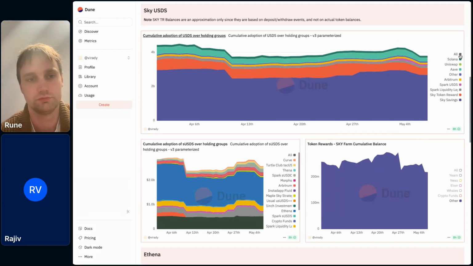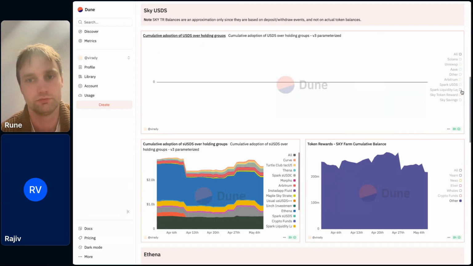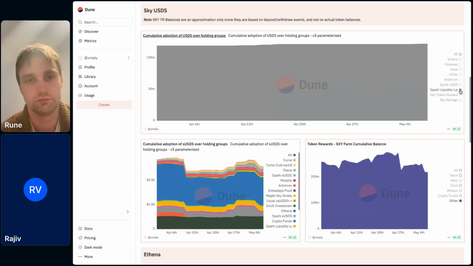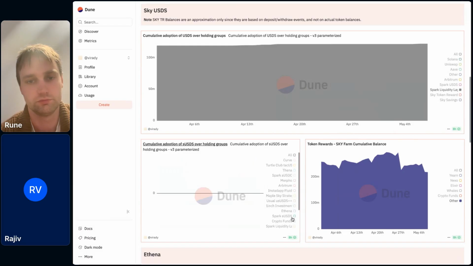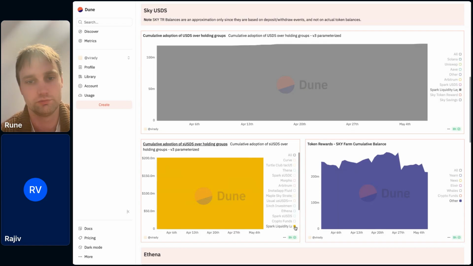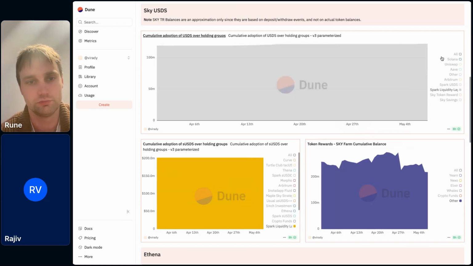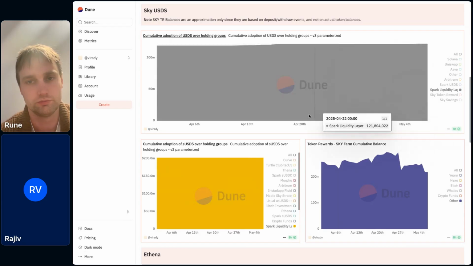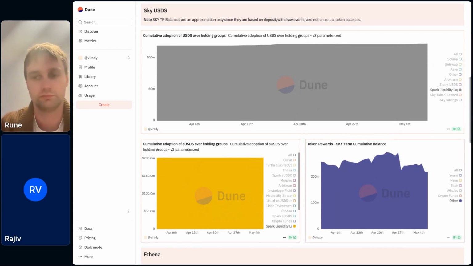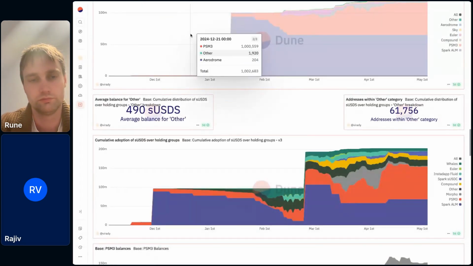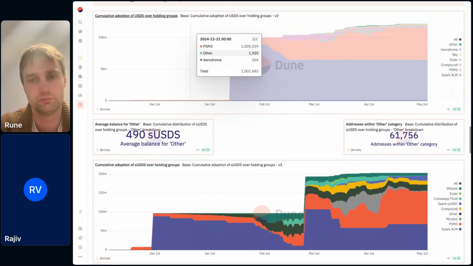If I showed you the total Spark liquidity layer holdings for USDS, but also for SUSDS, you can see it was that pre-minted amount of 100 million and 200 million. That almost exclusively ended up on Base. I'm going to try switching screens here to show you how you can see the breakdown of that.